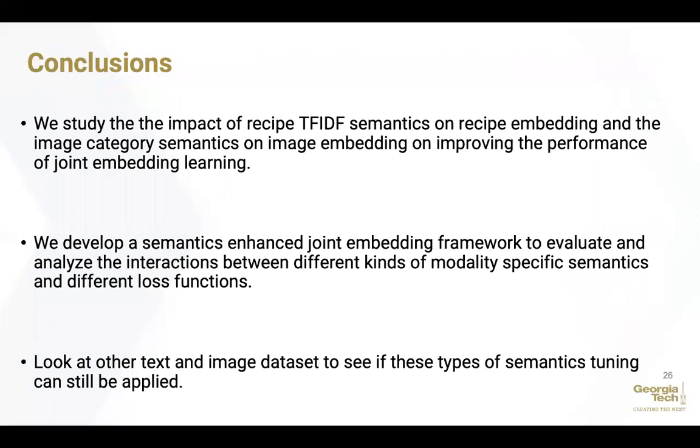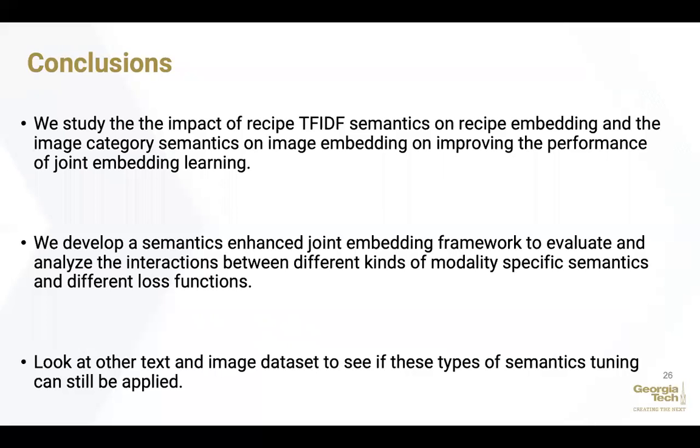To conclude, three different semantics are incorporated into the recipe embedding, image embedding, and the joint embedding learning process. The recipe TF-IDF semantics are utilized to capture the discrimination significance of each ingredient in its recipe.